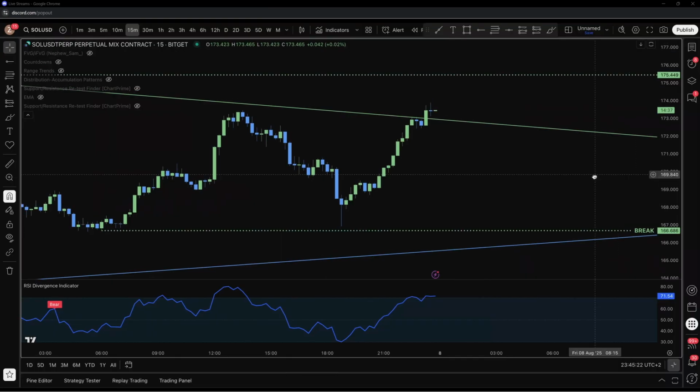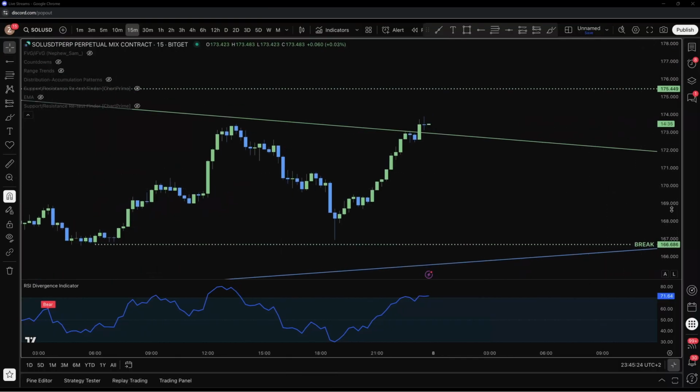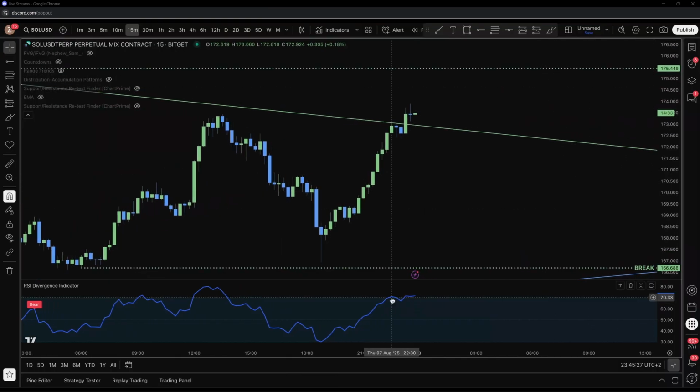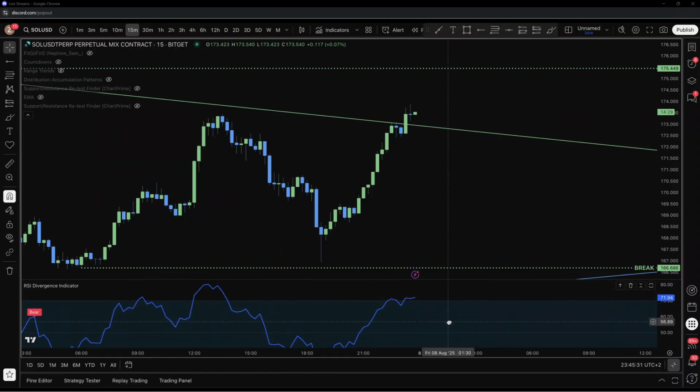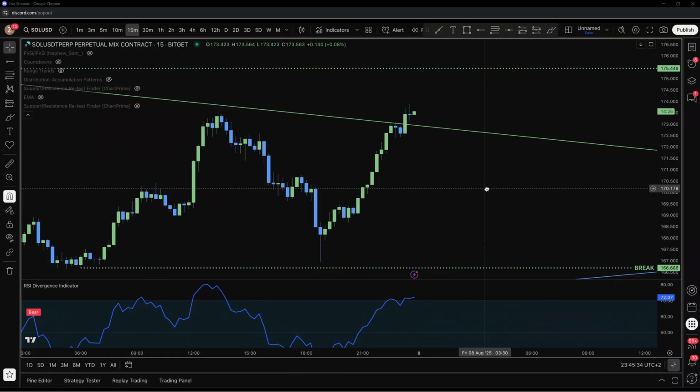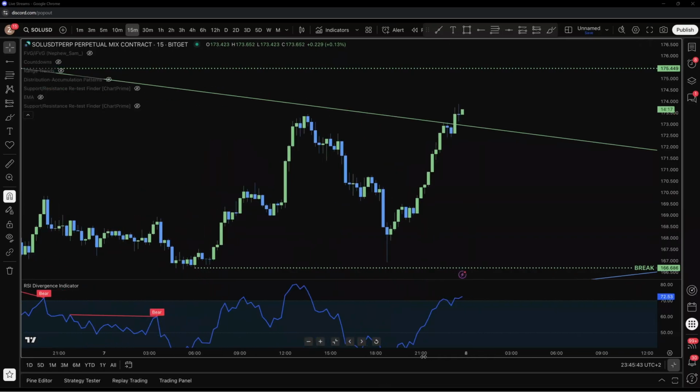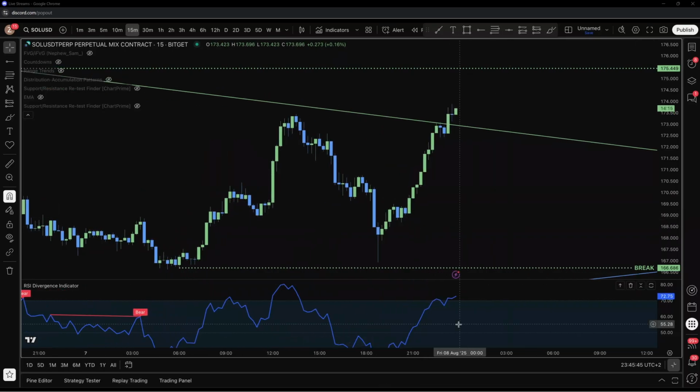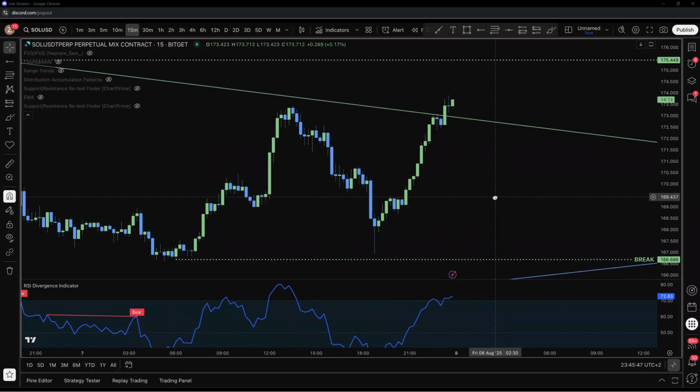So you have a higher price, but a weaker peak on the RSI. So that's a bearish divergence. You can short this technically if you look at that encapsulated without any other context, then you can say, okay, I'm feeding my ape, I'm shorting right now. But I prefer more context and more confluence, because the 1 hour has a bit more room, the 4 hour has a bit more room, etc.